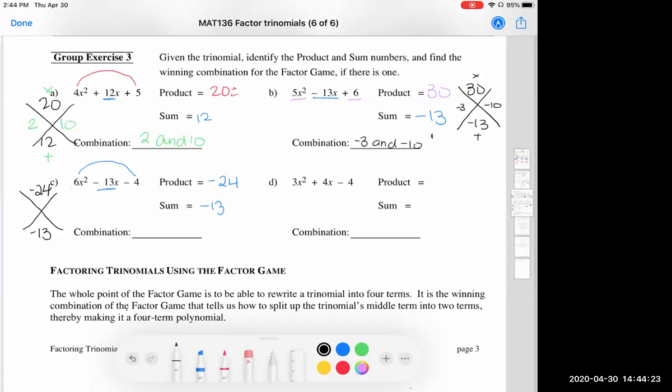No. 6 and 4? No. 2 and 12? No. I don't think there's a winning combination, right? So there's no winning combination. This will actually be not factorable.